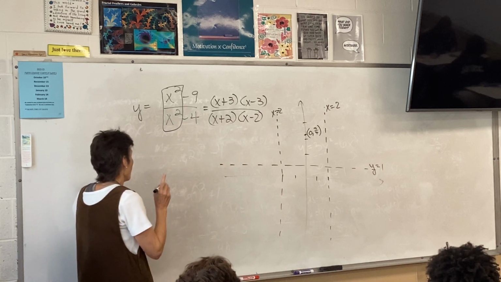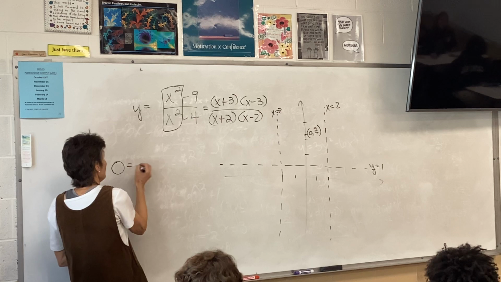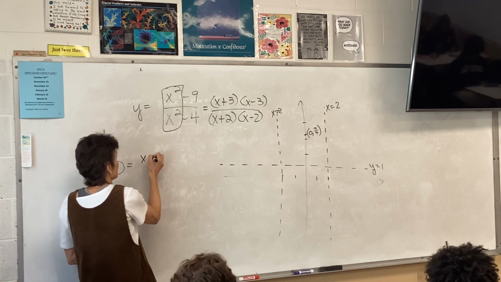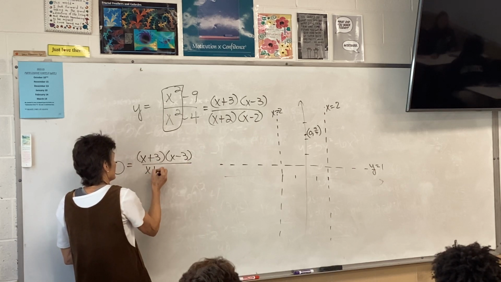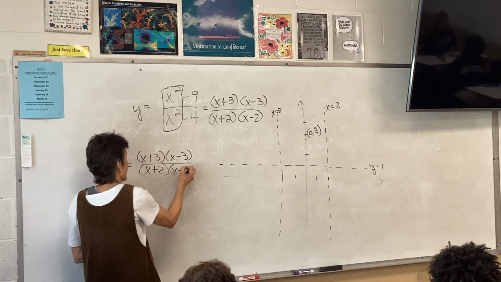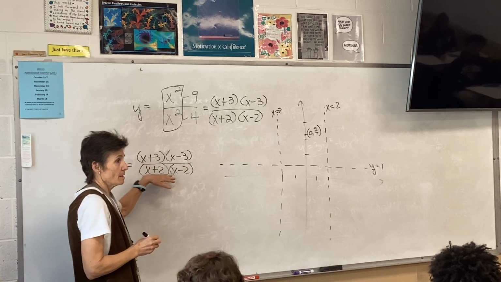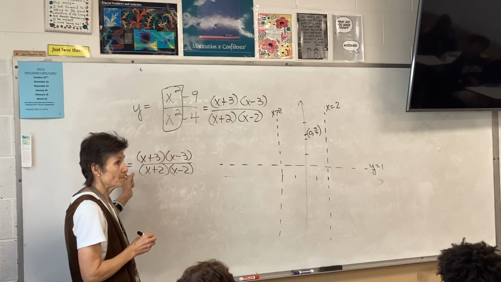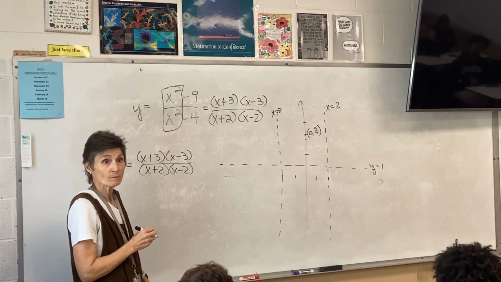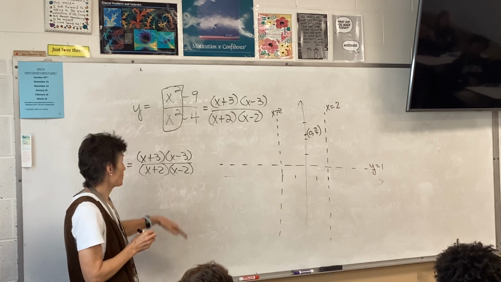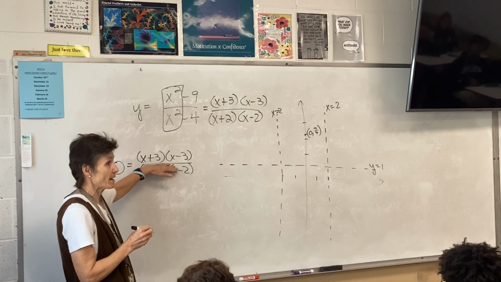If we let y be 0, don't overcomplicate this, guys. The only way a fraction can be 0 is if its numerator is 0. So what are my x-intercepts? I have 2 of them.